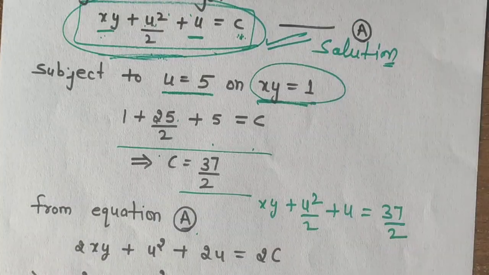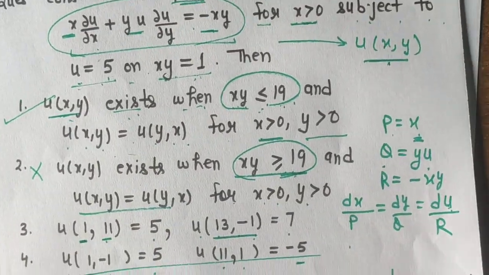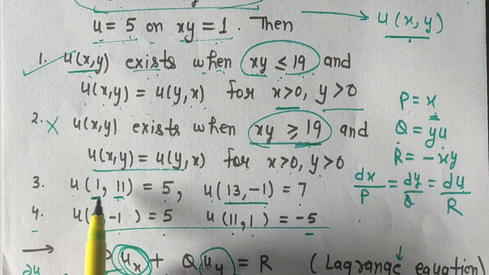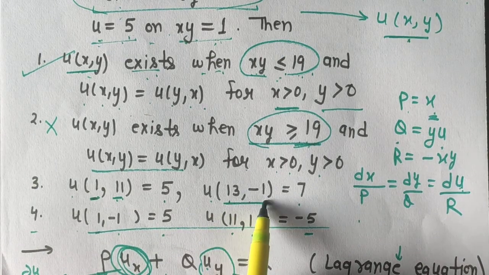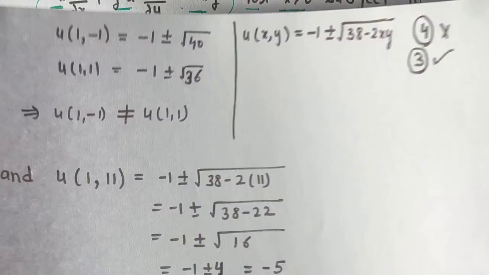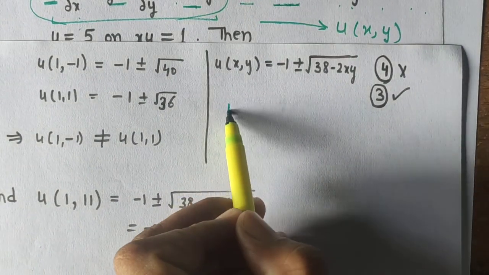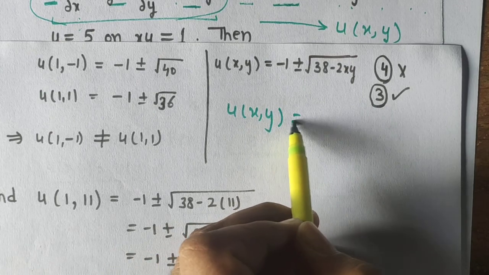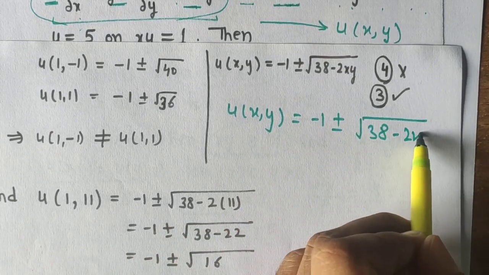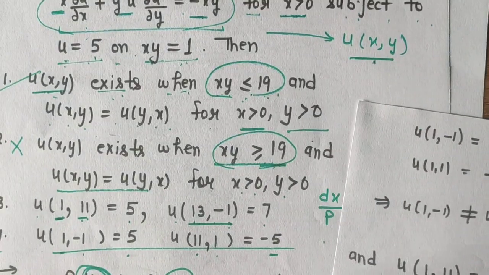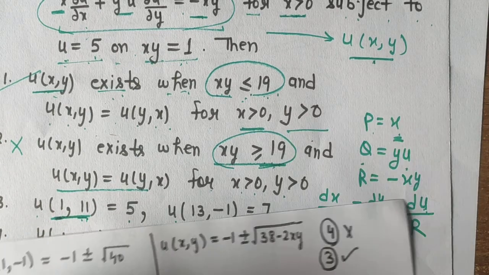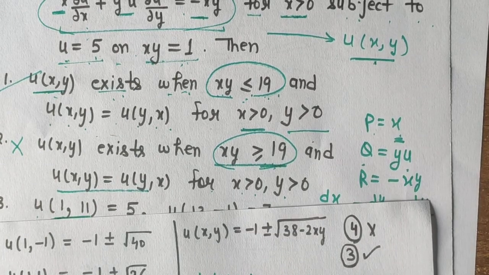We can check the third and fourth options. We can calculate the value of u of x comma y at the points 1 comma 11 and 13 comma minus 1. The function is u of x comma y is equal to minus 1 plus minus square root of 38 minus 2xy. In the third option we check the value of u at 1 comma 11. That means x is 1 and y is 11.